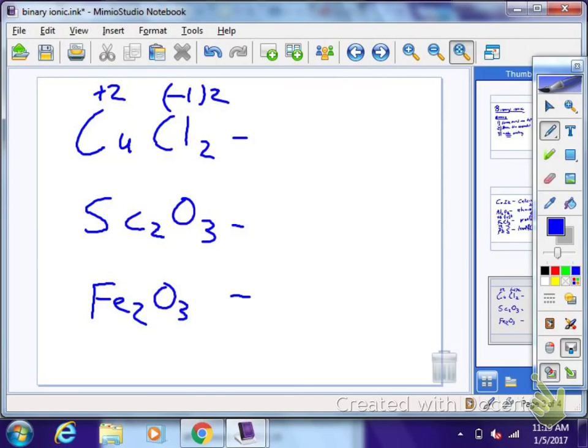The last one's the toughest one to do because it has subscripts for both of them. So what you do is you look up the -2 charge. So that's the second one. Or the last one. The second one's scandium oxide. Okay? The last one, oxygen's a -2. You got 3 of them, and that's a -6.